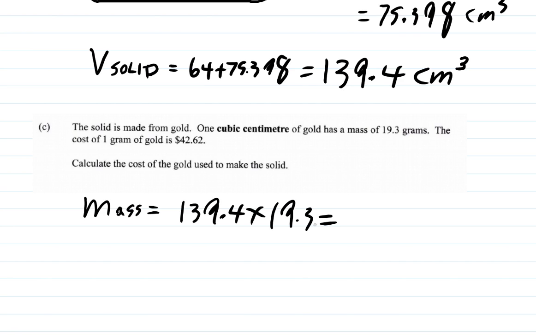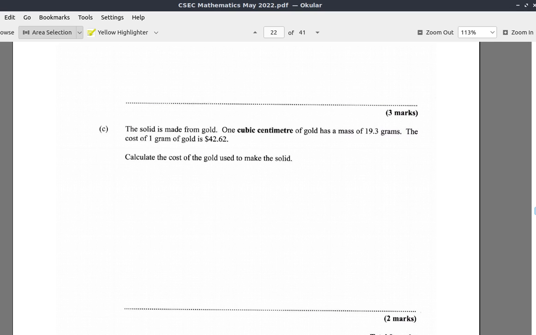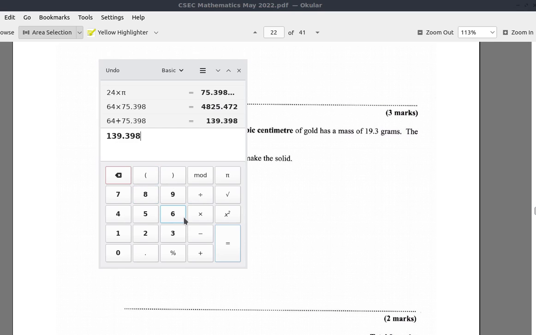You see that? 139.4 by 19.3. Alright, we still have our 139.398. So let's just use it. By 19.3 equals 2690.